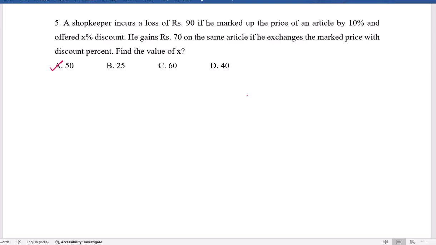I'm taking x value 50. Then what will happen? Cost price 10% increase, then giving 50% discount results in 90 rupees loss. Okay, selling price is CP minus 90.